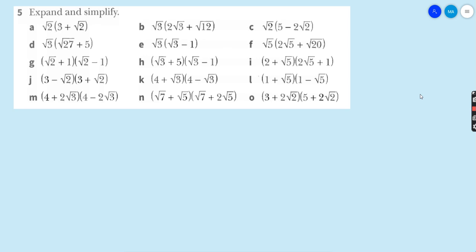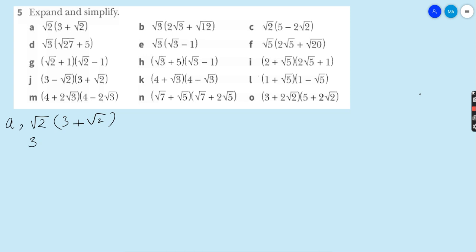Expand and simplify. Very easy. Part A, root 2 multiply by 3 plus root 2. So when we multiply a number by a bracket, it's very easy. Just multiply the number by each and every term in the bracket. So root 2 into root 3, there is no relation.